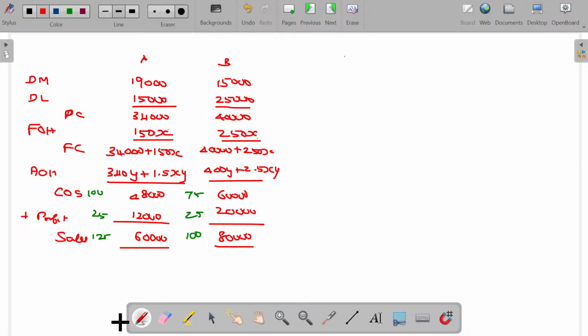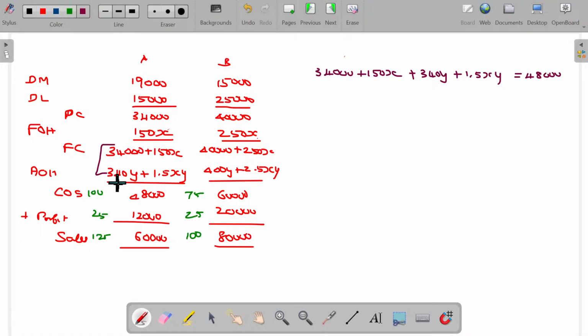Now we have to find out the missing data like X and Y. 34,000 plus 150x plus 340y plus 1.5xy. This one is added to get what? 48,000. Is that clear?